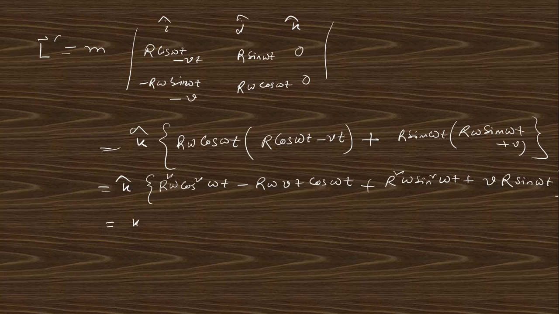So these two terms are added and you get r square omega, minus r omega vt cos omega t plus vr sin omega t.